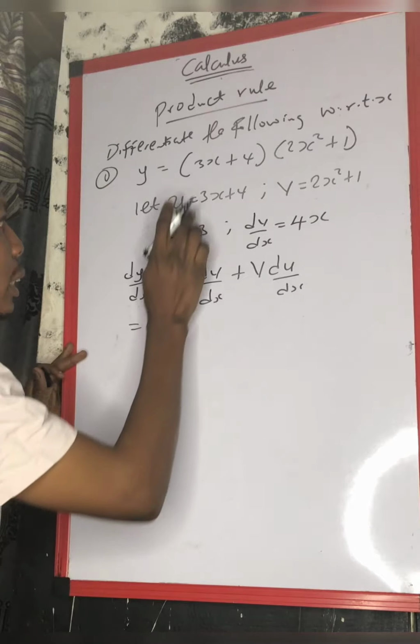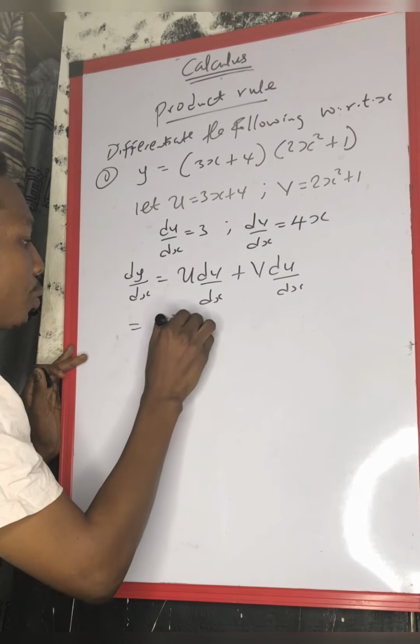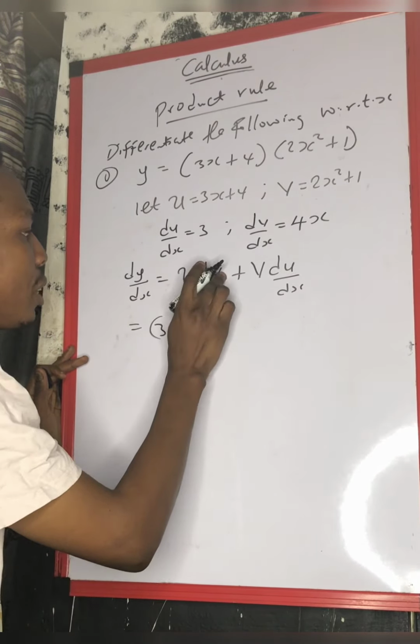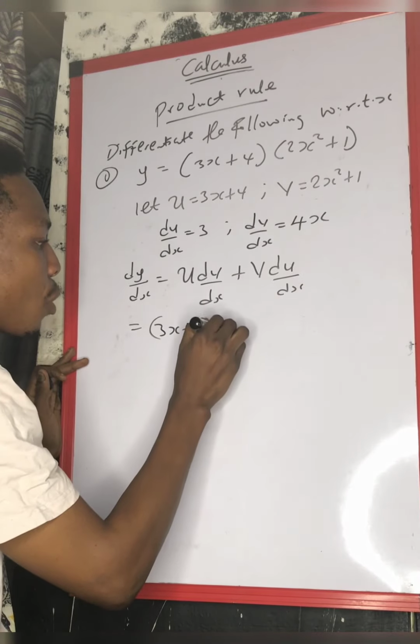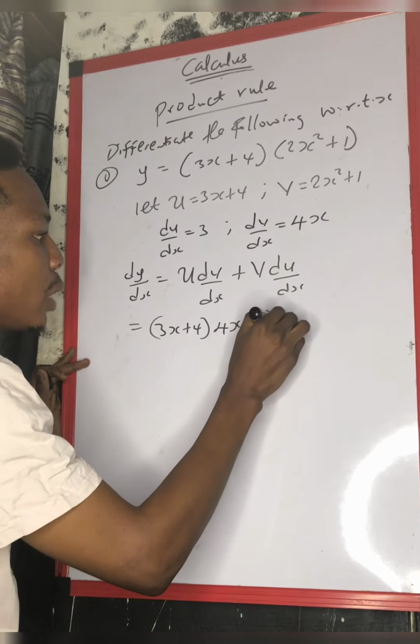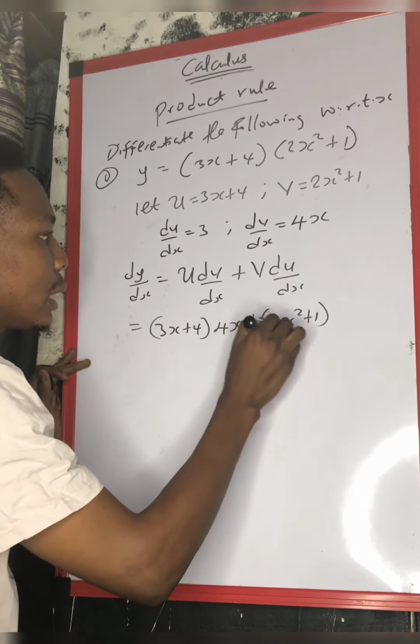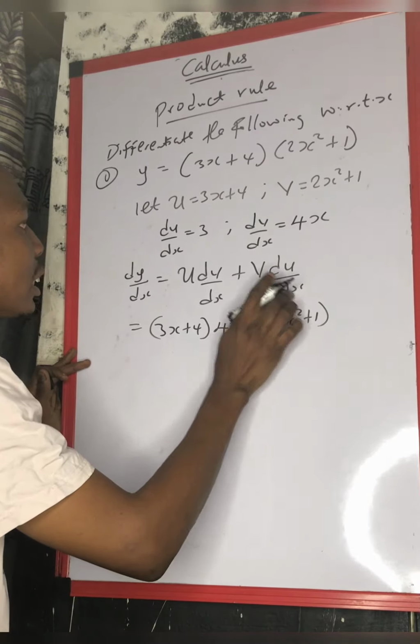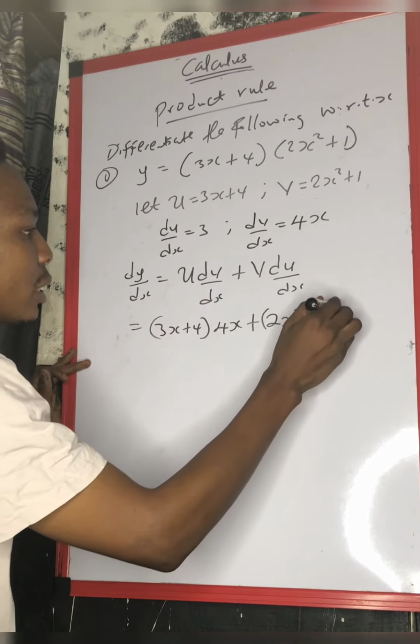Our u is 3s plus 4, dv/ds is 4s, our v is 2s squared plus 1, and du/dx is 3.